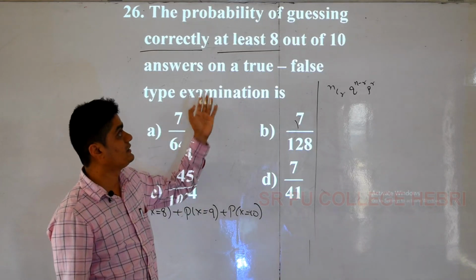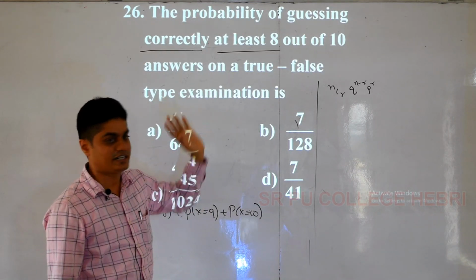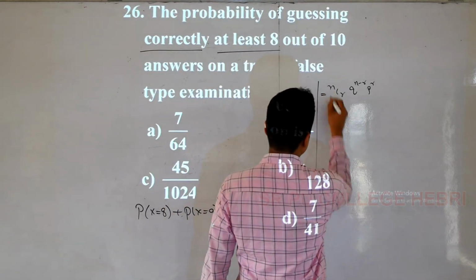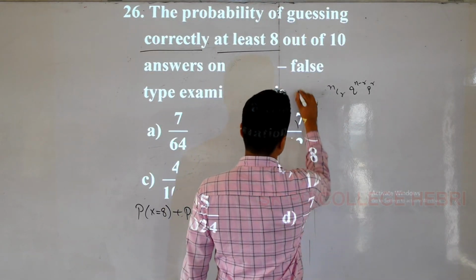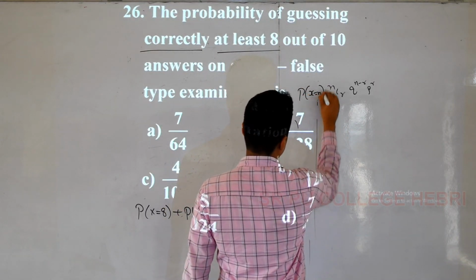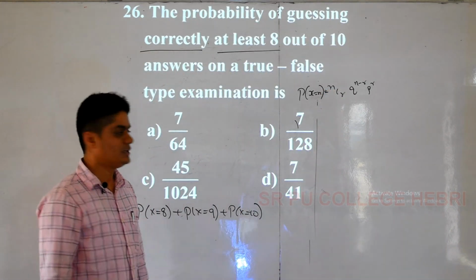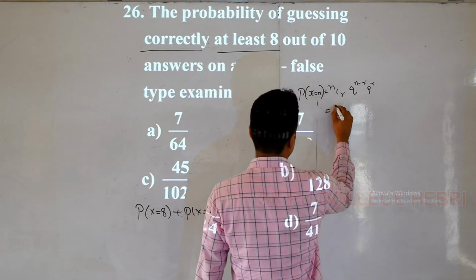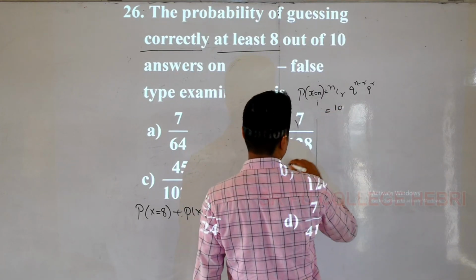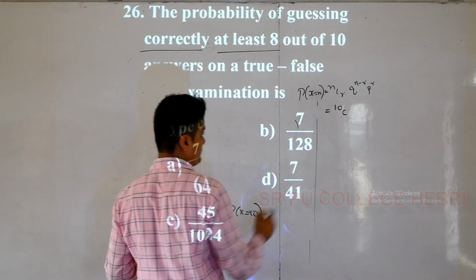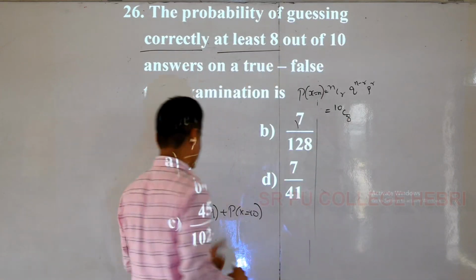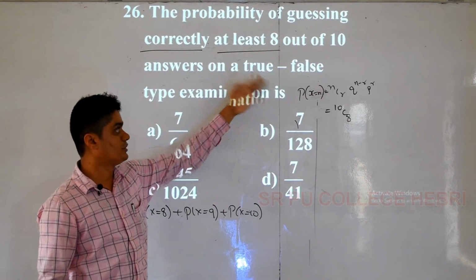Success is getting the right answer in a true-false statement. So P of x is equal to 8. This is P of x is equal to r. So you have to find out these three numbers now. n is how much? 10, the total number of questions. r is 8, success, like getting the right answer.